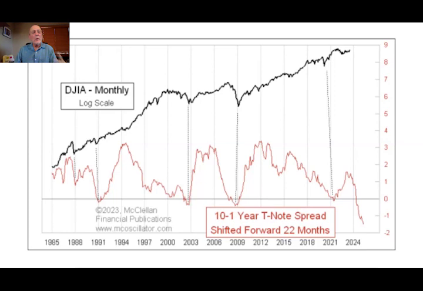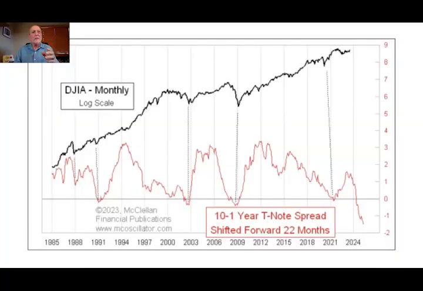Now, a year ago, when rates first inverted, many of us hoped that this 22-month lag pointed towards a stock market bear market end and a bull market beginning sometime in early 2024. However, that 22-month lag time really begins not when interest rates invert, but when the inversion begins to correct itself and the spreads begin to narrow, when that red line starts to turn around and go back up.